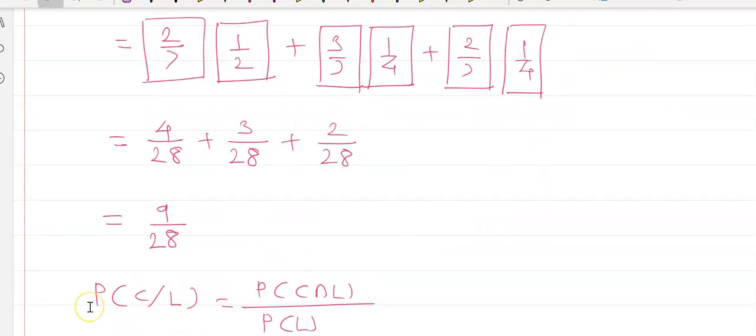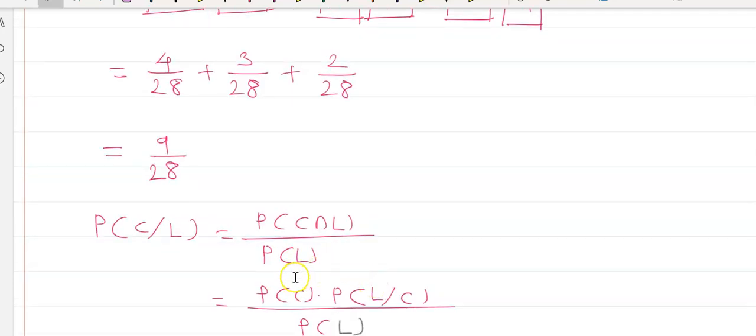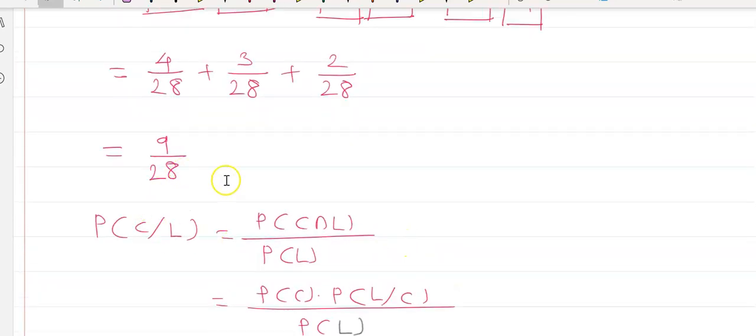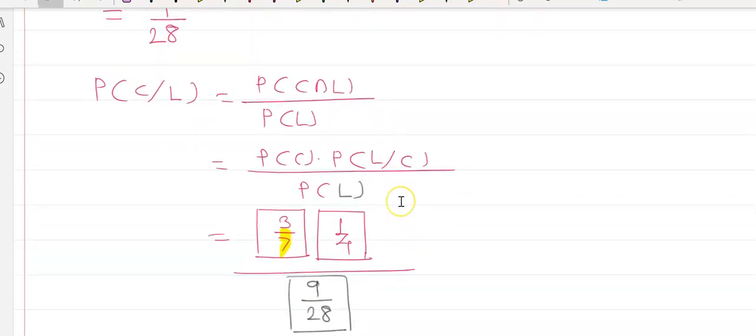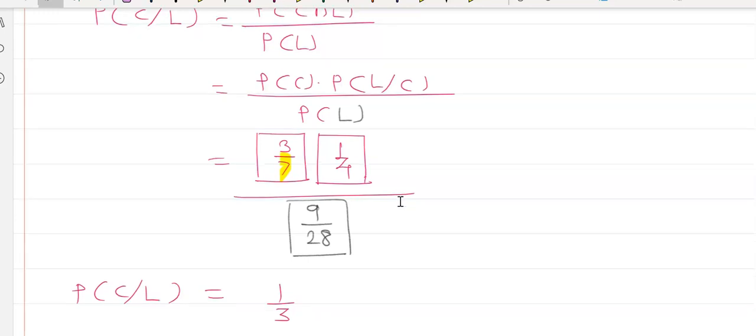Therefore, the probability of C conditional L is equal to the probability of C intersection L upon P of L. Therefore, the probability of C into the probability of L conditional C upon the probability of L, which we have calculated as 9 upon 28. Substitute the values, therefore you will get 1 upon 3 when he travels by car.